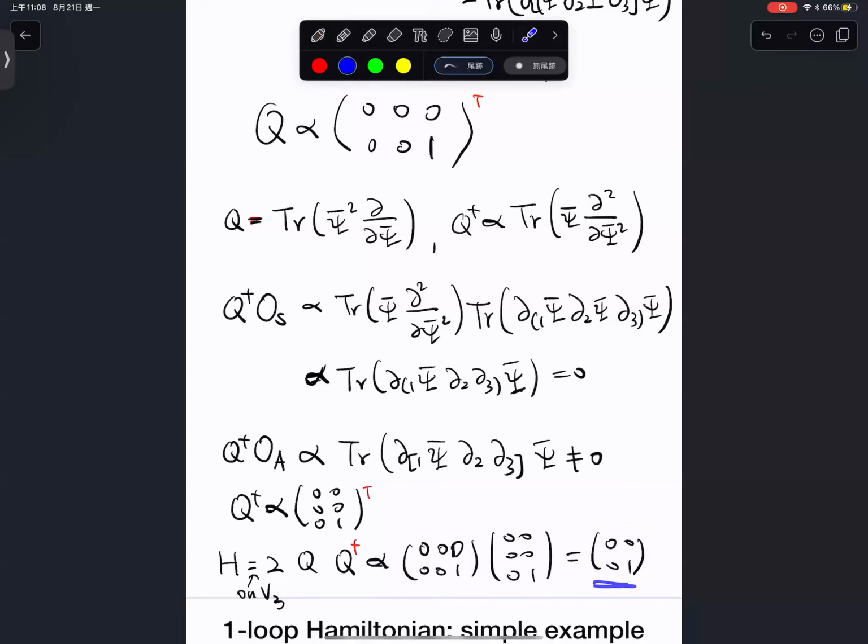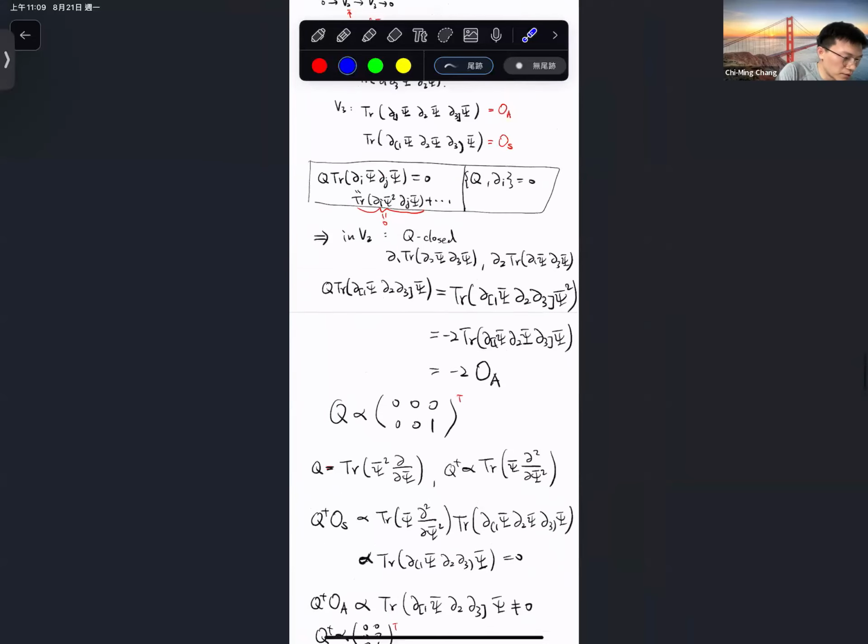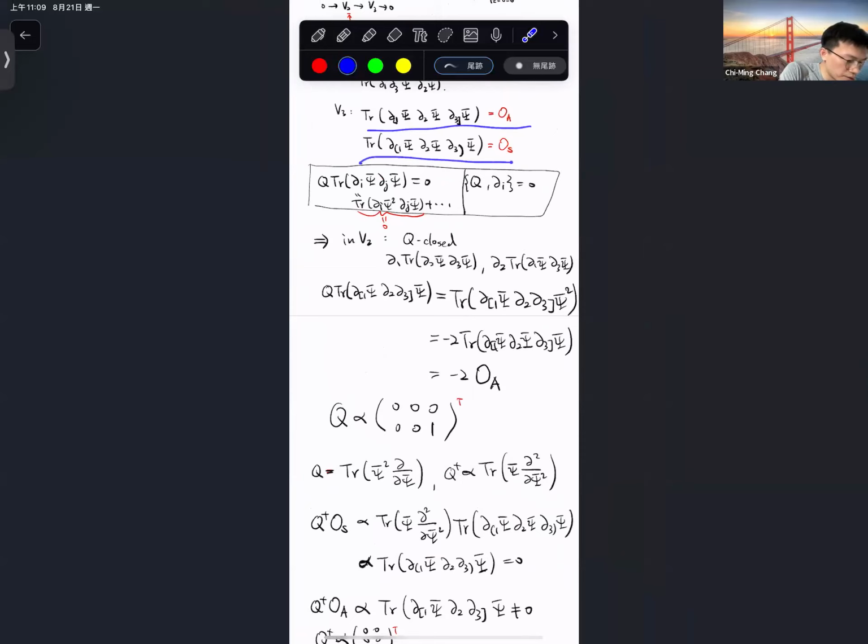Also, V3 is annihilated by Q, but not annihilated by Q dagger. V3 is the space on which the Hamiltonian acts to give that matrix. I can consider these two bases.